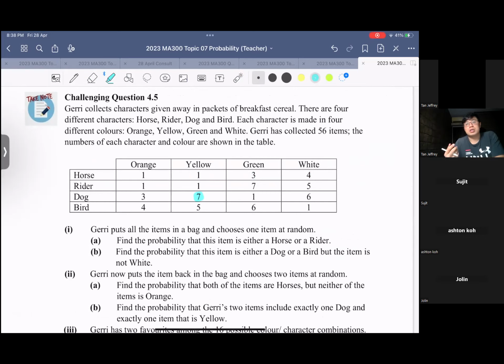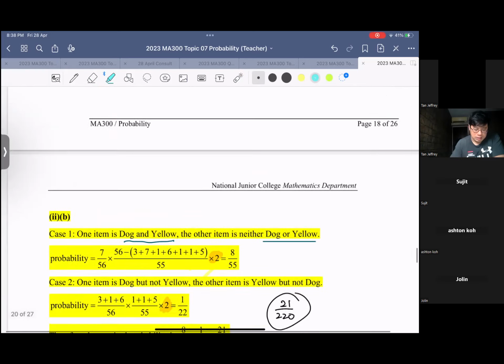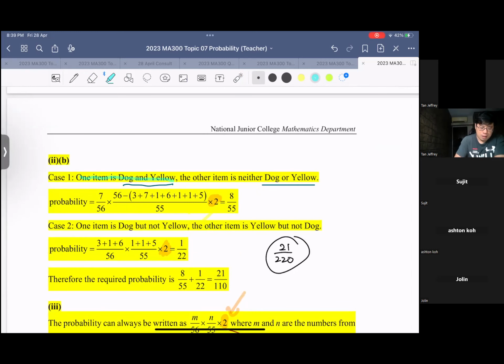It's also possible that I may need 2 items to fulfill the 2 conditions. So one possibility is my first one can be a yellow dog straight away. That means my first item already hits both my targets, but my second item cannot hit anything. No dog, no yellow. Then that is how I meet the overall condition of one dog, one yellow in my 2 items.